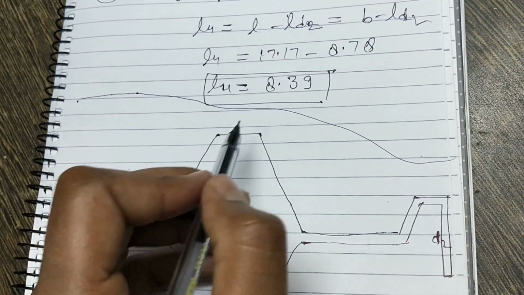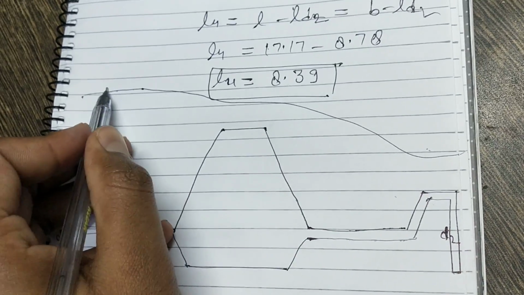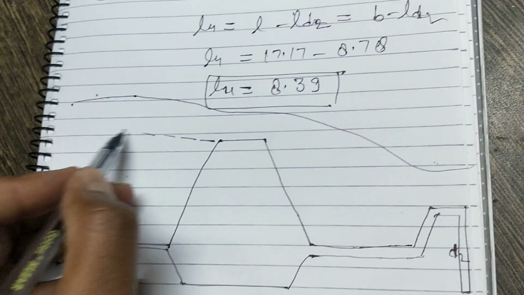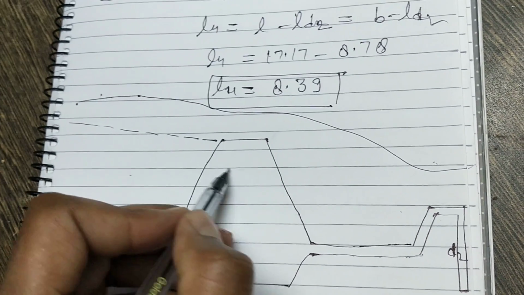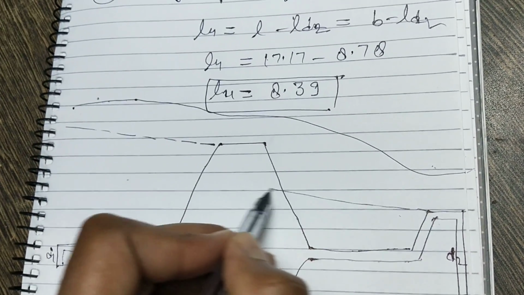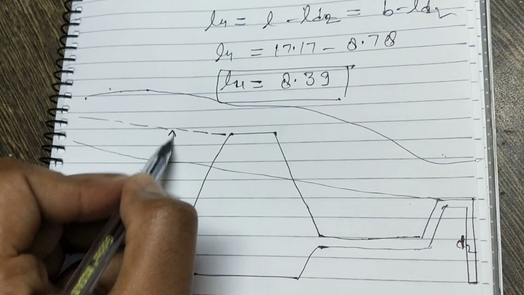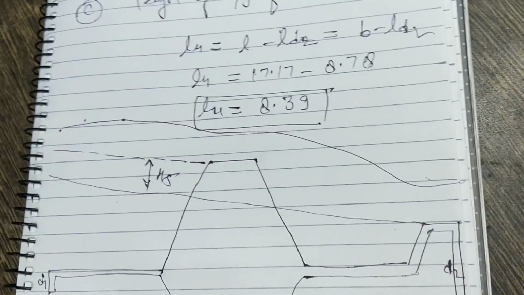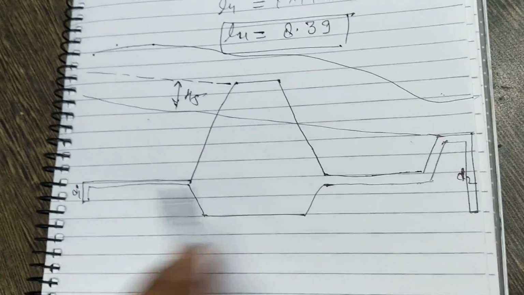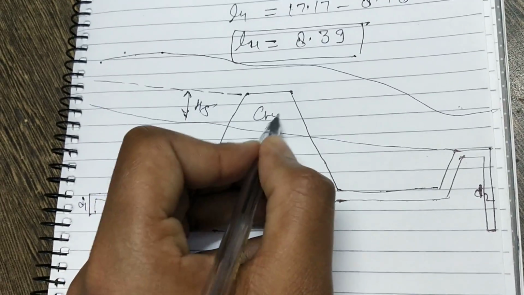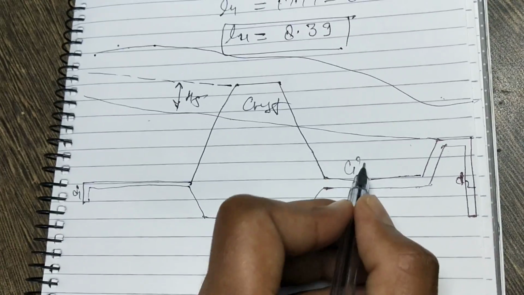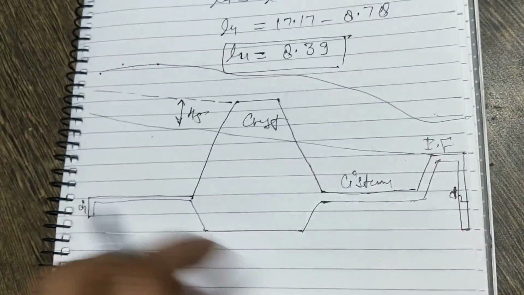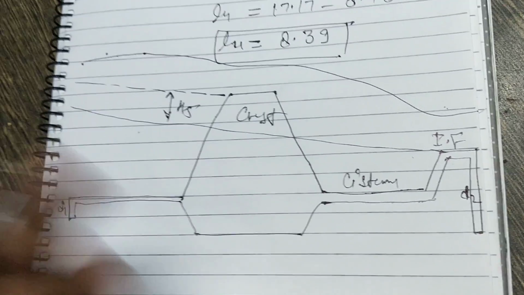This is the downstream bed, this is the upstream bed, and the seepage head will be like this, and another one will start from here, and it will be the seepage head. Okay, and everything is evaluated here. So you may write here, this is crest, this is cistern, this is impervious floor, and you have to assume all the data you have to find in the design.